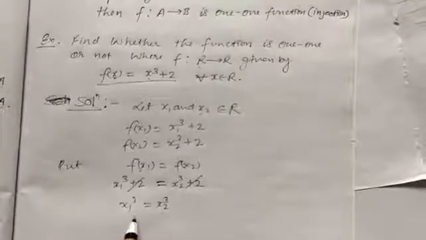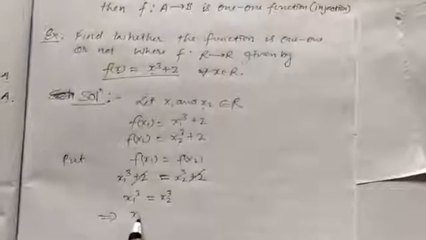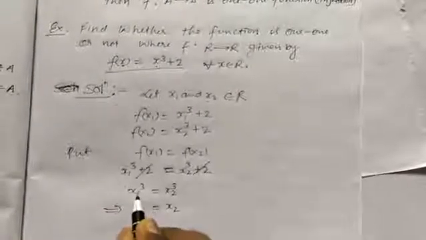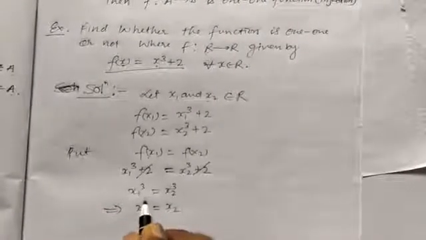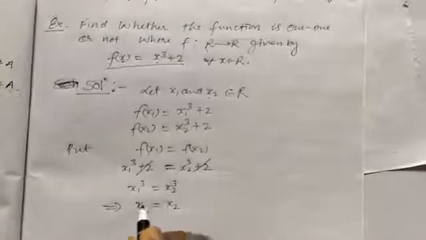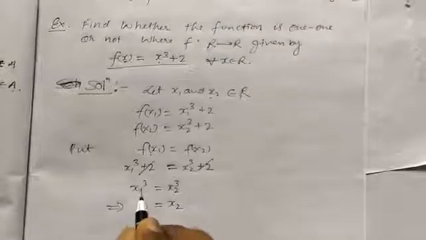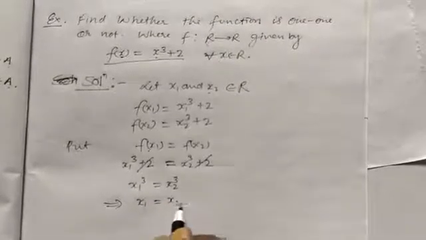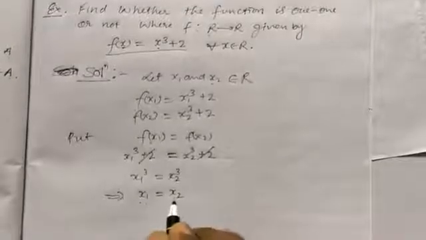On taking cube root on both sides, you will get x1 equals x2, because here cubes are given, so you have to take cube root on both sides. The cube root of x1 cube will be x1 and the cube root of x2 cube will be x2. Both will be positive. x1 equals x2.